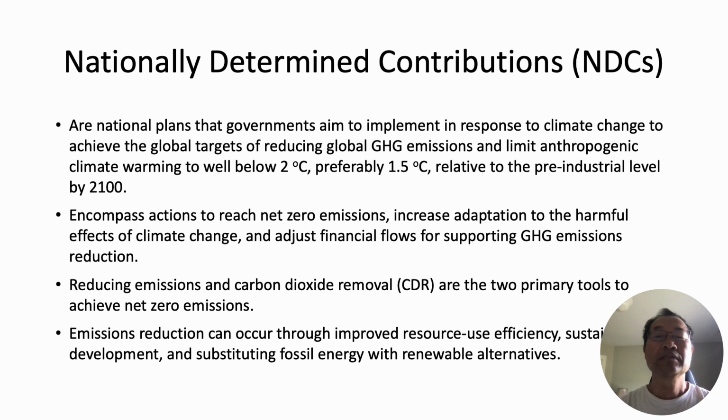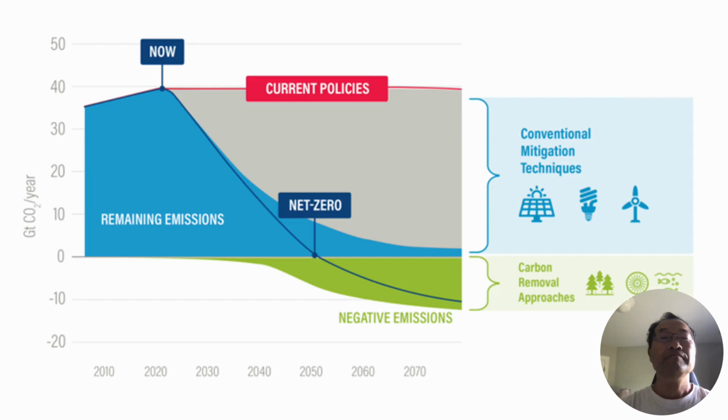Reducing emissions and carbon dioxide removal are the two primary tools to achieve net zero emissions. Specifically, emissions reduction can occur through improved resource use efficiency, sustainable development, and substituting fossil fuel energies with renewable alternatives. This slide shows the two components to achieve net zero.